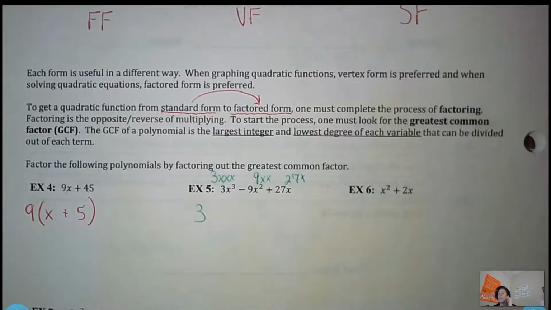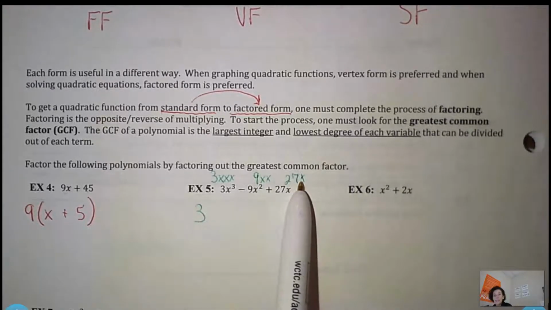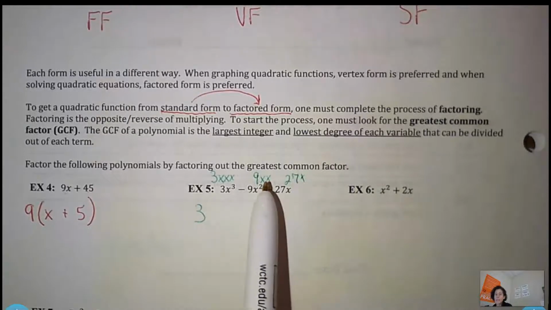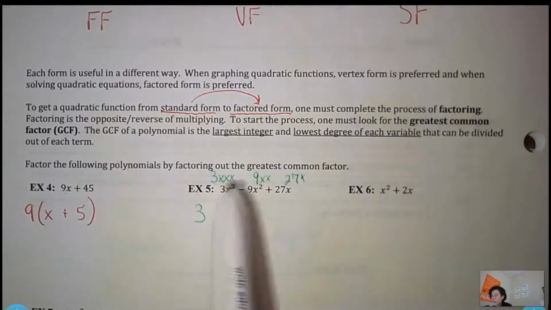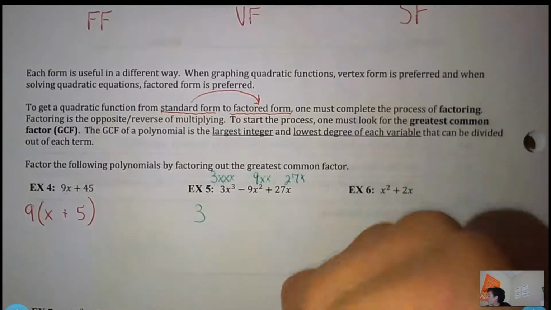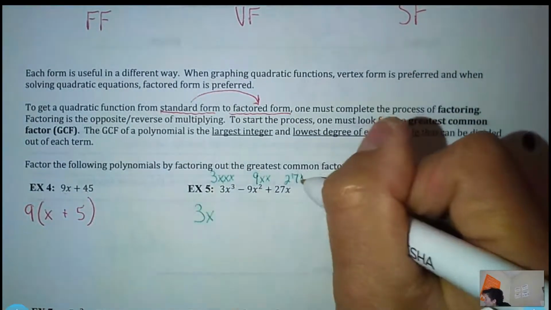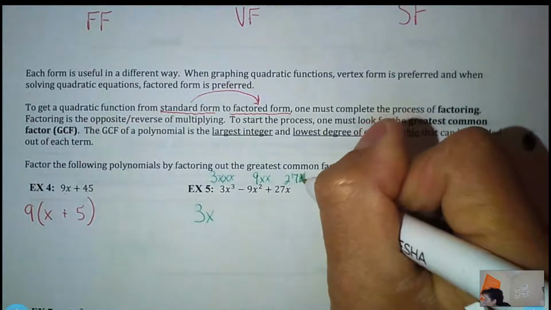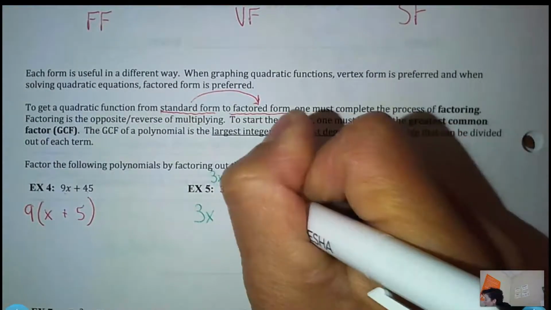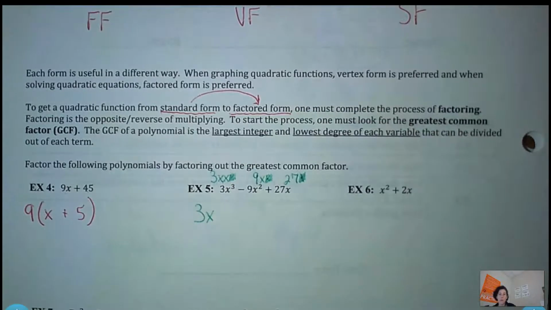So I need to take the same amount of x's, divide out, factor out the same amount of x's from each term. So since this term only has 1 x, that's as many as I can take out from all of them. So what I'm going to do is factor or divide out one of these x's, and when that happens, this one goes away, one of these goes away, and one of these goes away.